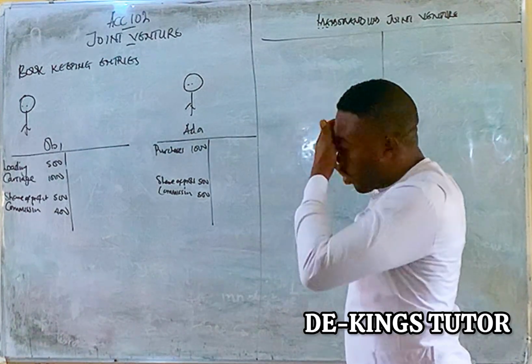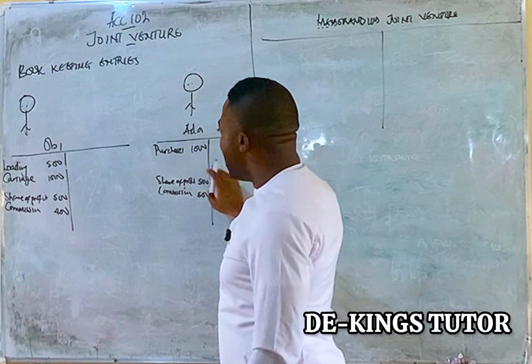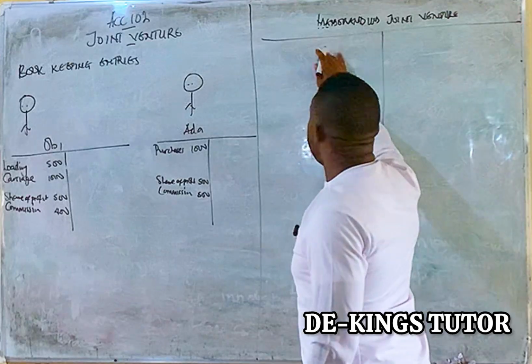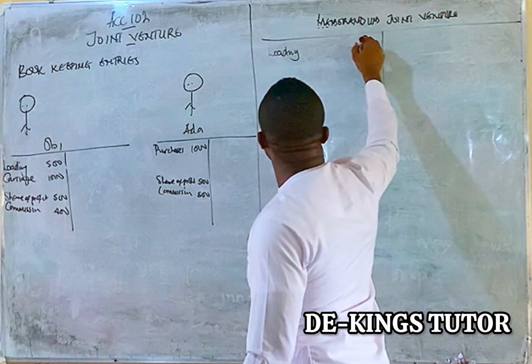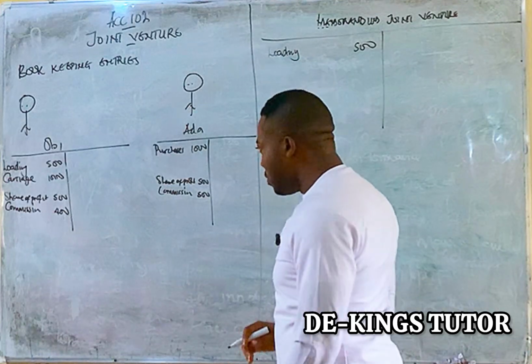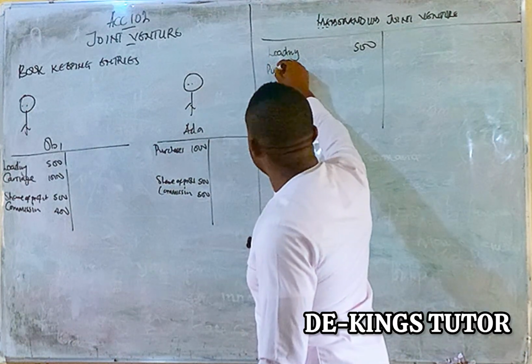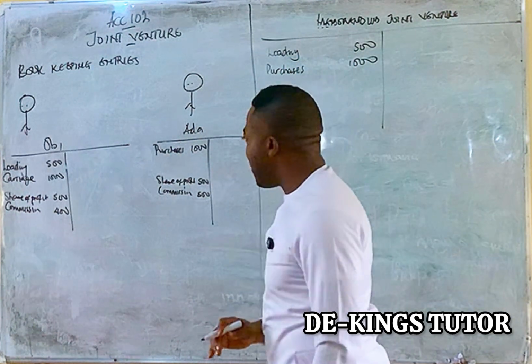For instance, now look up. If while they are into business, they said Obi will be paid for loading charge, now it will be recorded there also at debit as loading 500. The same thing, Ada paid for the purchases, it will be recorded here together, purchases 1,000.